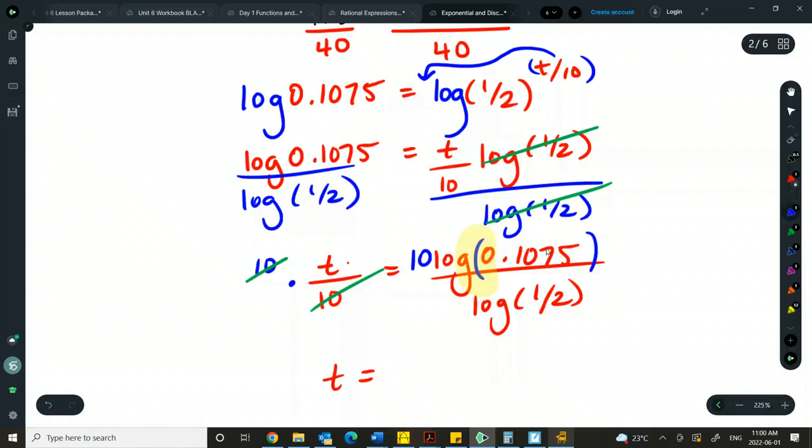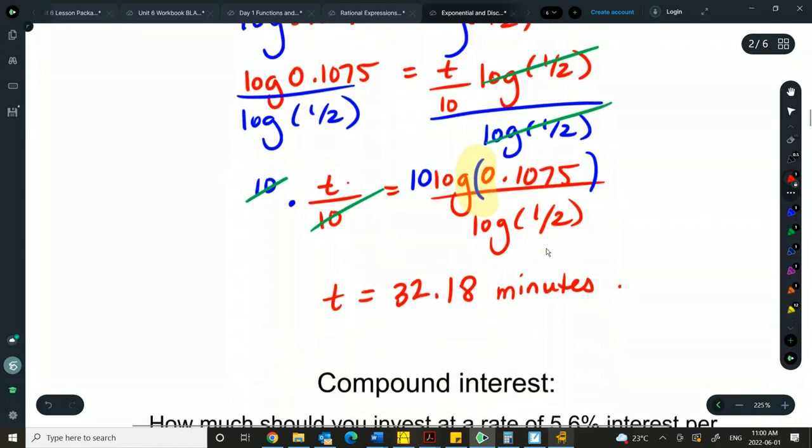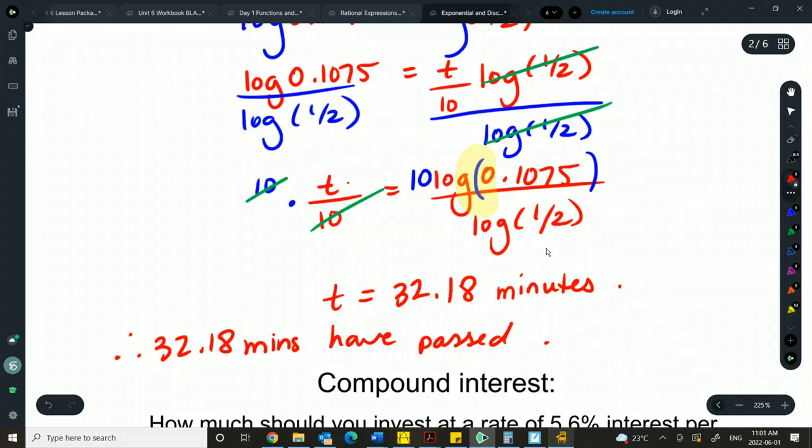Okay, if we've done this correctly, we should get out 32, let's go nearest hundredth here, so 32.18 minutes, as we mentioned above. Okay, so therefore, 32.18 minutes have passed since the initial sample was taken, or whatever you want to say.